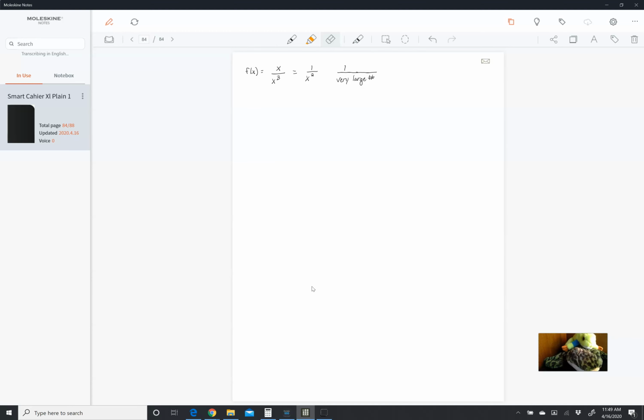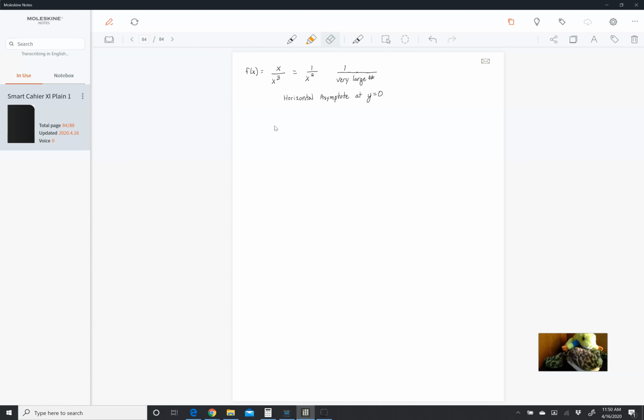So our asymptote is once again at y equals 0. And just a quick note, your vertical asymptote is also at x equals 0, because if x were equal to 0, then this would be undefined. Okay, so we have a vertical asymptote here as well.